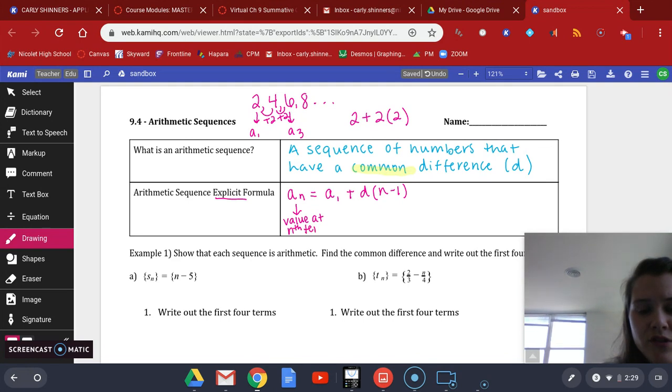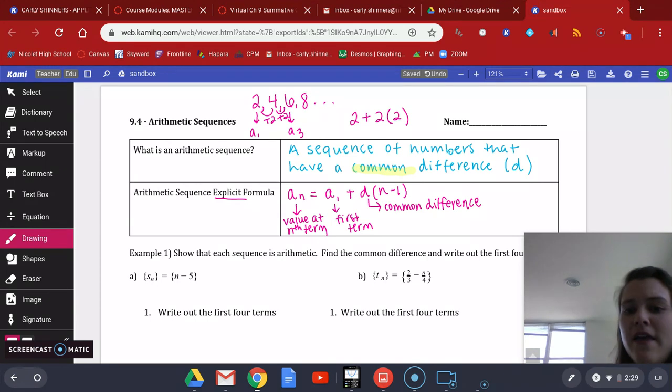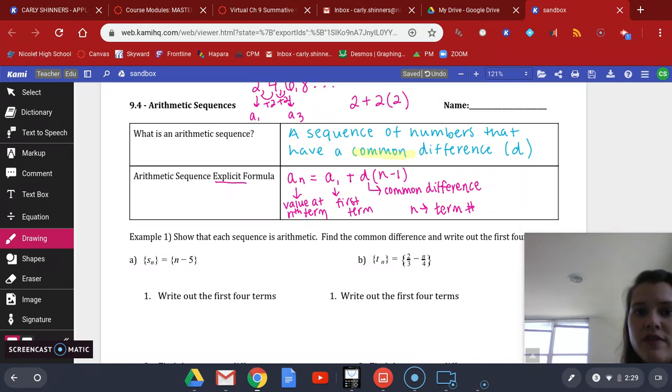So if you want the fourth term, a sub 4. This is obviously your first term. This is obviously your common difference. And then n is the term number for the term that you want. All right? So that's that situation there.